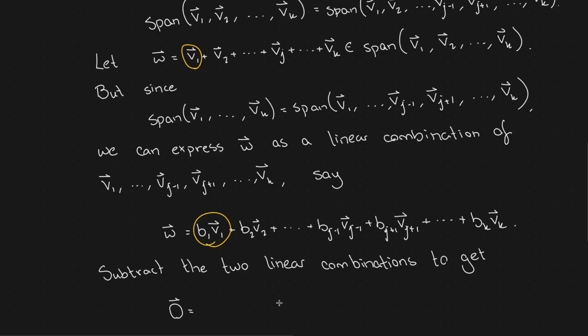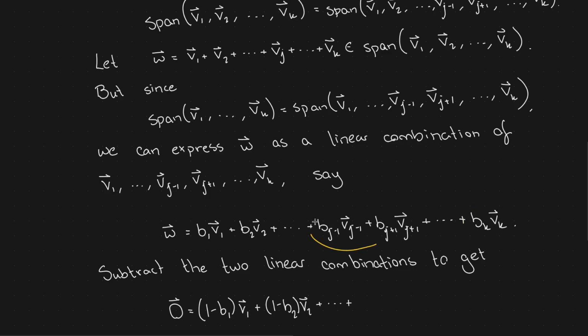V1 minus B1 V1 is 1 minus B1 V1, plus V2 minus B2 V2 is 1 minus B2 V2. And we're going to keep on doing that. And so for almost every element, we will have 1 minus the coefficient here of that element. So like Vk, I'd have 1 Vk minus Bk Vk, so I'll get 1 minus Bk Vk.